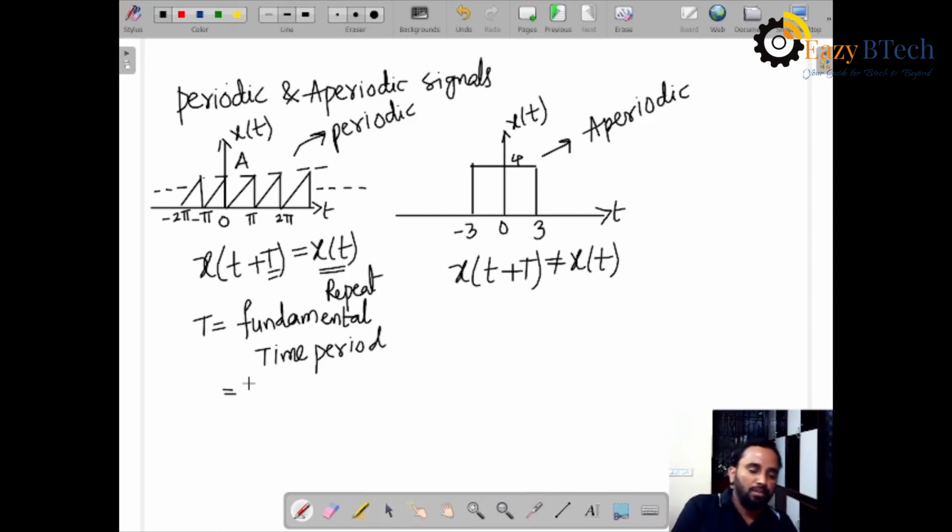The minimum time at which the signal is repeating itself. That is called the fundamental time period.